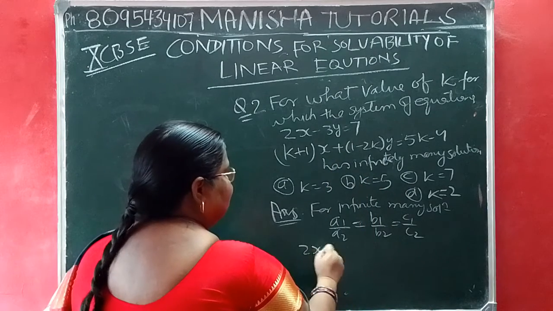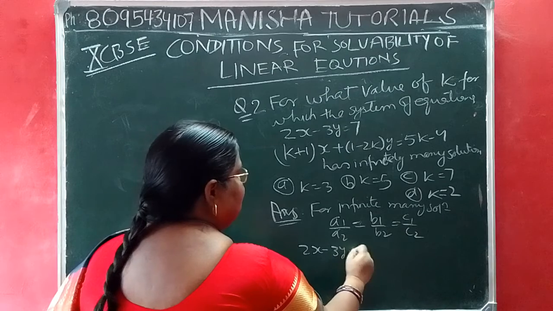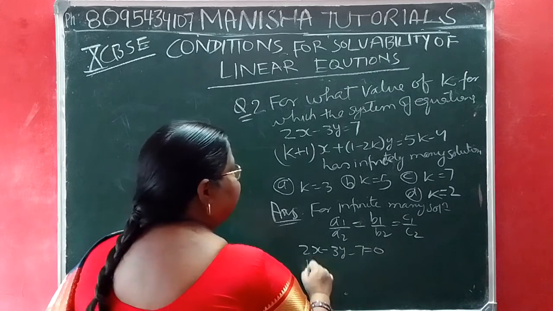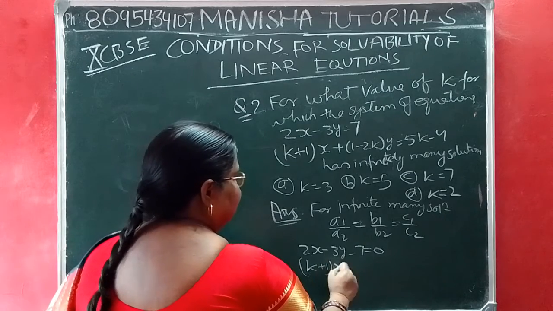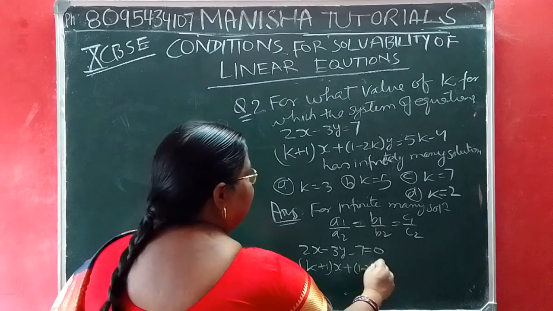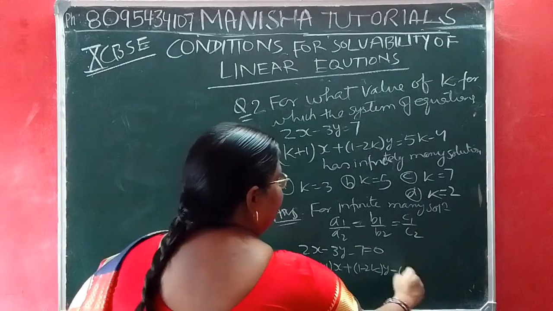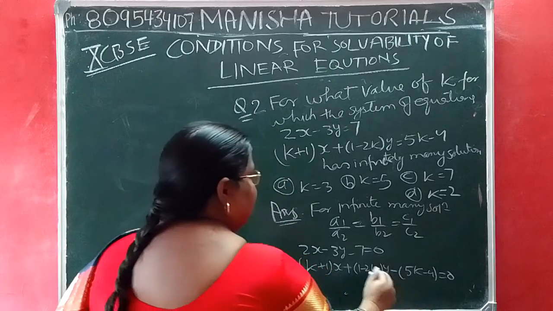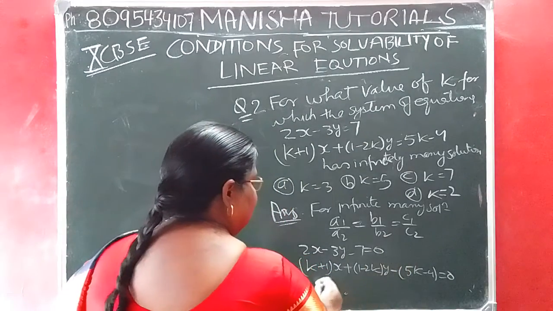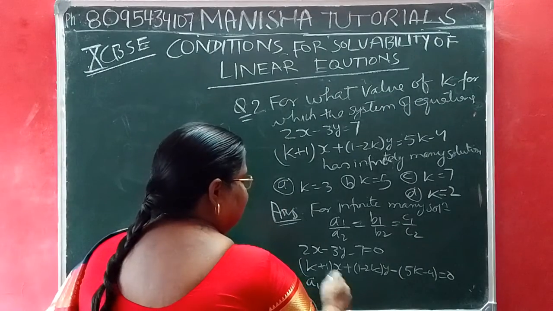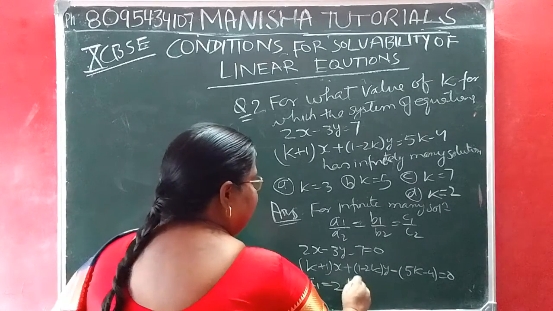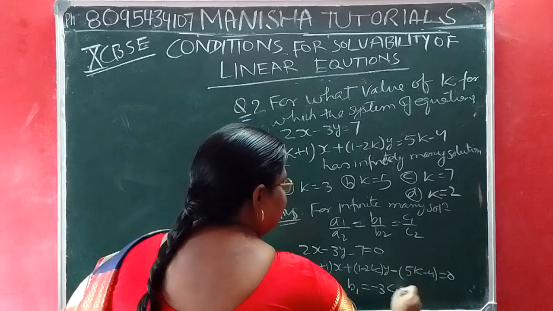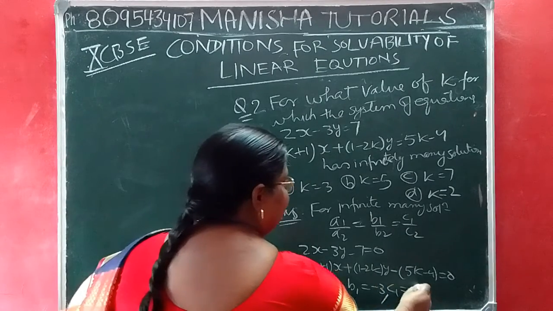So here you write 2x minus 3y minus 7 equals 0, and (k plus 1)x plus (1 minus 2k)y minus (5k minus 4) equals 0. Here we get a1 equals 2, b1 equals minus 3, c1 equals minus 7.